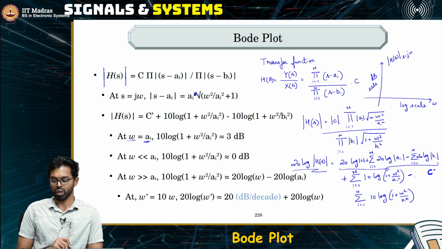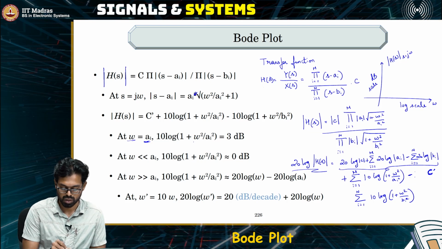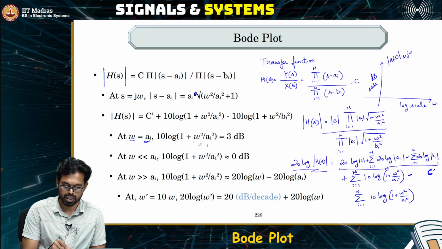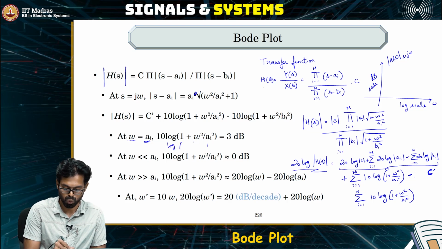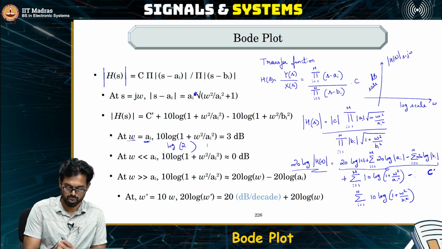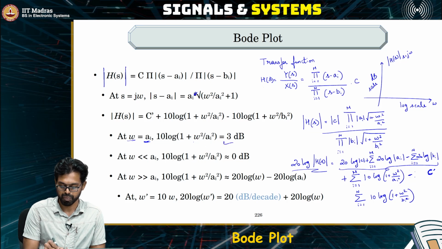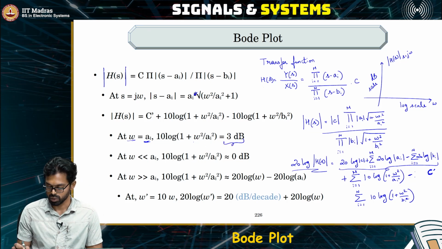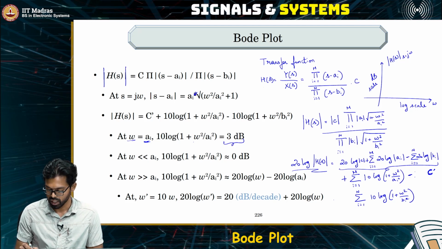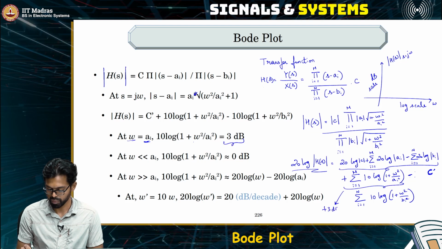At the zero, you can substitute omega equals ai, and you get log of 1 plus 1, which is log of 2. So 10 log 2 is 3, and you get a 3 dB increment. So this entire term, when omega is equal to ai, evaluates to plus 3 dB.